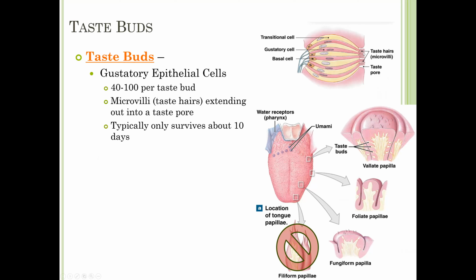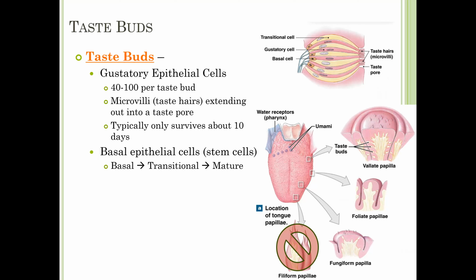Gustatory cells take quite a beating because we're all the time eating various foods of different consistencies, and it can abrade our tongue. So a typical gustatory epithelial cell only survives about 10 days, so they constantly need to be replaced.